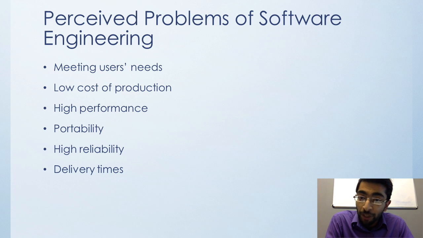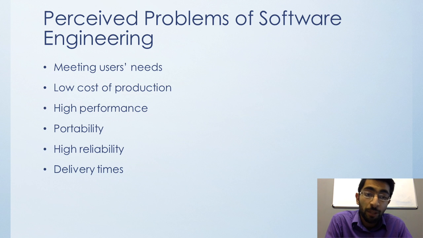Nowadays, portability is a very big issue, and sometimes it can be hard to integrate this into a project. High reliability is another aspect which is not as in-depth as the others, however, does need certain considerations. And going back to the first principle of meeting all the user's needs, it is quite difficult sometimes to deliver the project on time due to various problems which occur during the development process.